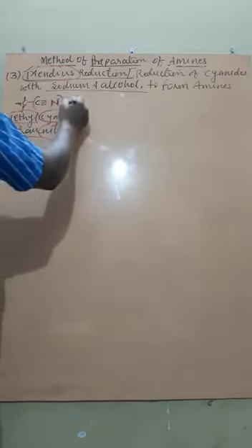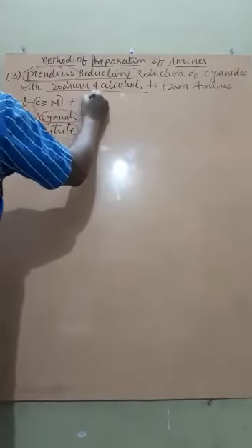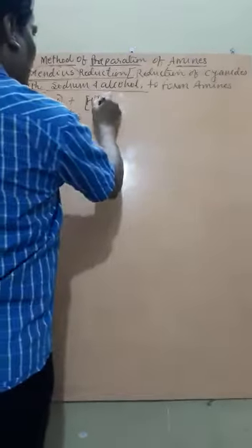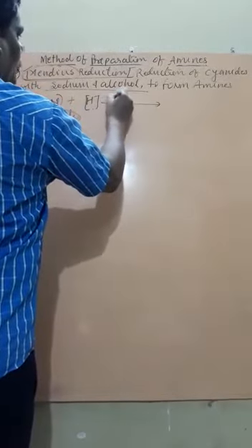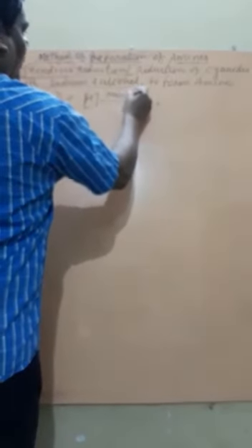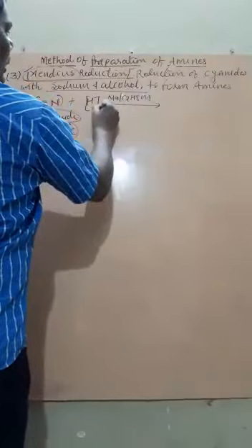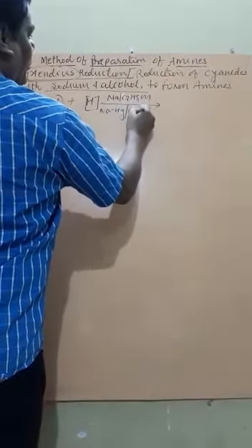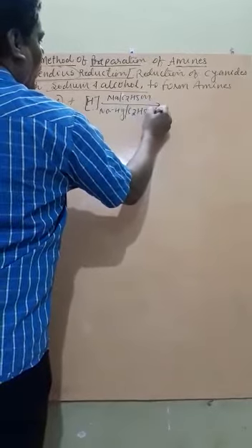So when ethane nitrile is reduced in the presence of sodium with alcohol, or amalgamated sodium with C2H5OH.